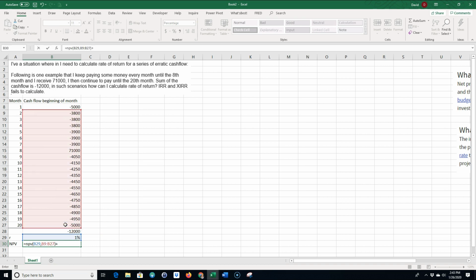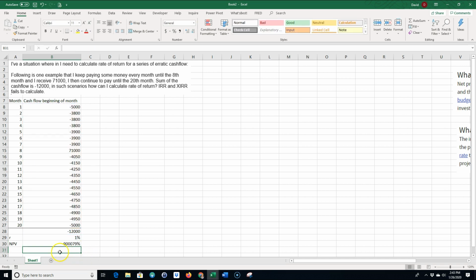The beginning of the month is already at the present value, and I add that in separately. So NPV always considers the beginning of period 1. Okay, so I invested at time 0, so it's already at present value. So I'm just finding the net present value of these starting at the beginning of period 1. Okay, hopefully that makes sense.